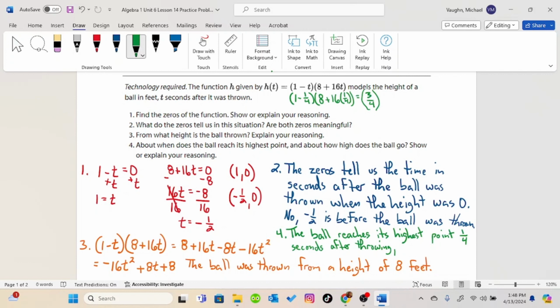And 8 plus 4 is 12. 3/4 times 12 is 9. So the ball reaches its highest point 1/4 seconds after throwing at a height of 9 feet.